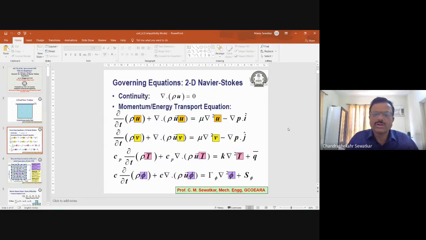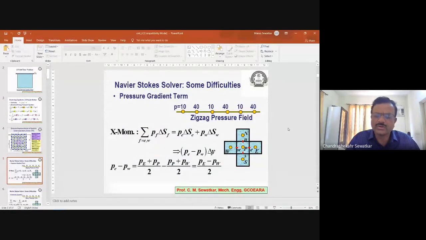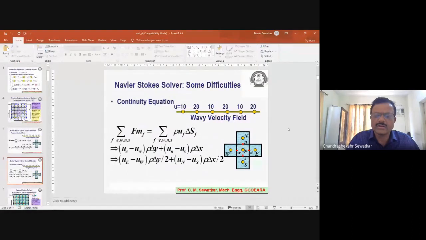We have also seen the entire Navier-Stokes equation, which is to be solved here. We have seen how the grid generation is usually done, but then there are problems with the co-located grid, which we talked about in the morning in terms of pressure gradient and the continuity equation. We have seen that pressure and velocity decoupling occurs, because of which it's not recommended to make use of a co-located grid.